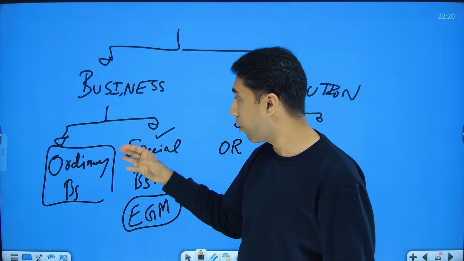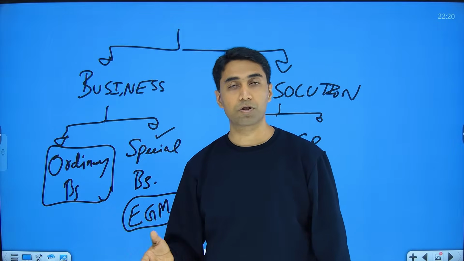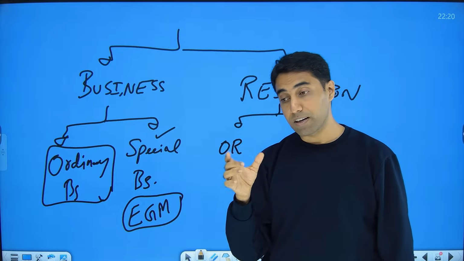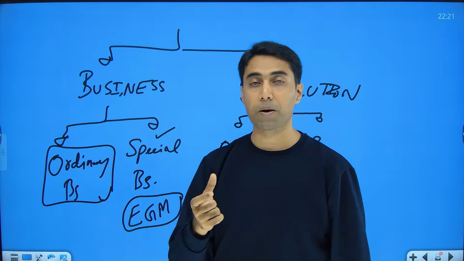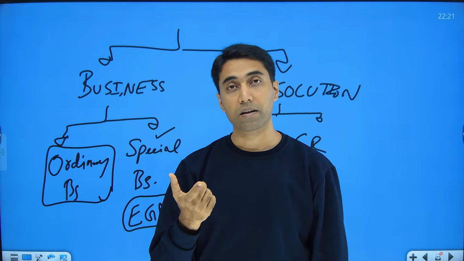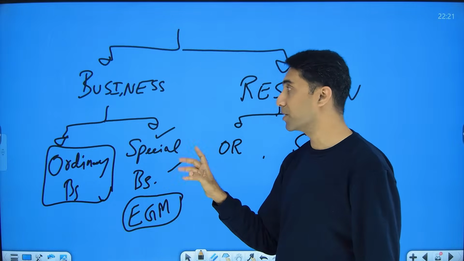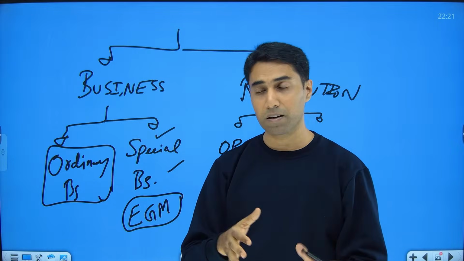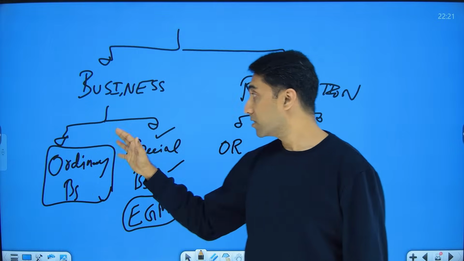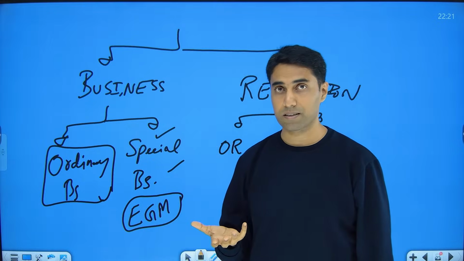So these are the 4 ordinary businesses which you discuss only in an annual general meeting. Even if you discuss, for example, declaration of dividend in an EGM, it becomes a special business. It is the same thing, but because the meeting is an EGM, it becomes a special business. So this is the type of business you are transacting.